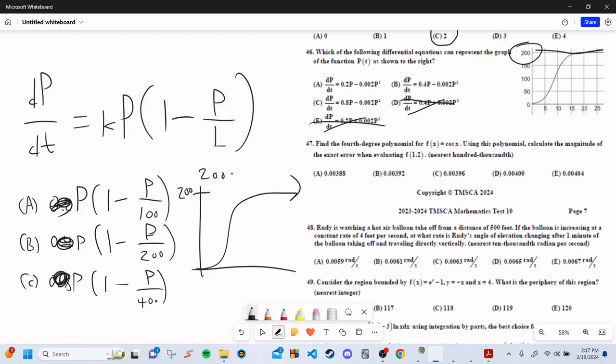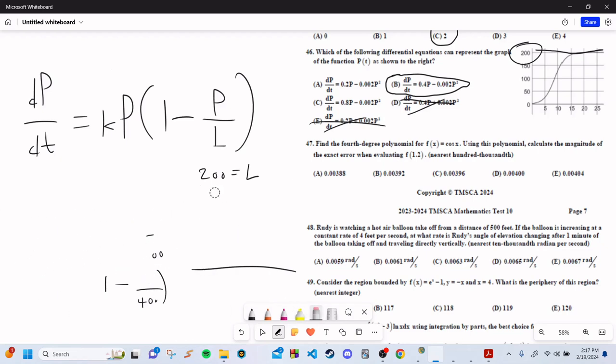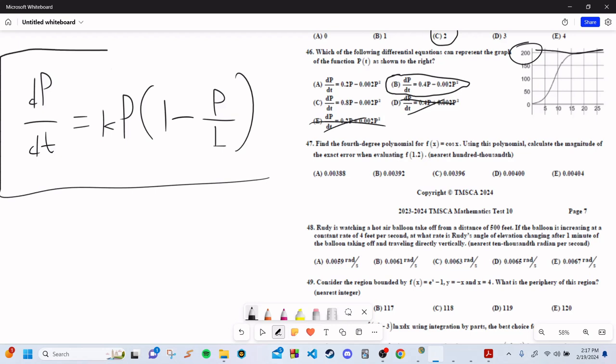So 200 is our L. The only answer choice that matches that is answer choice B, and so B is our answer. So the big takeaway is know how to read a logistic model and know the equation that models it.